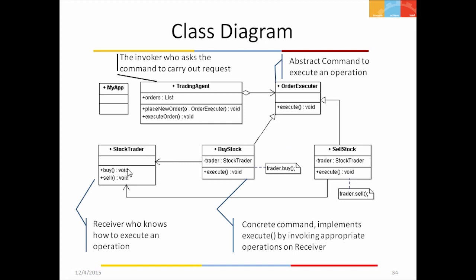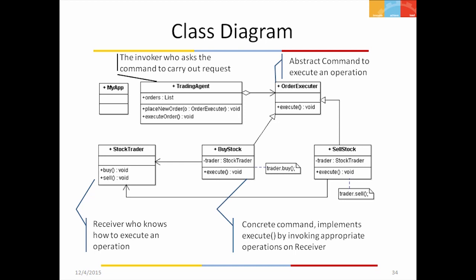So we have essentially four main parties here. One is the invoker, another is the abstract command, another is a concrete command, and the last one is the receiver, who knows how to execute a particular operation. In this example, the stock trader is, you can imagine, the trading house.